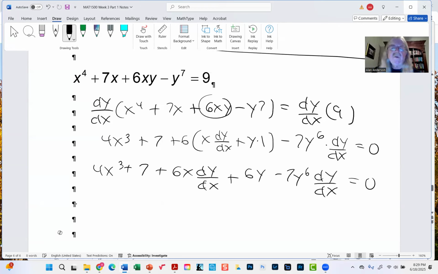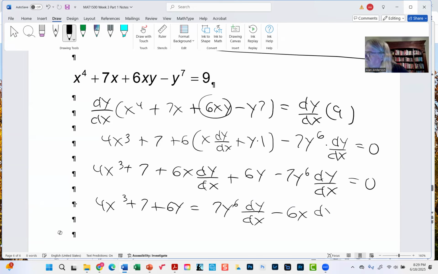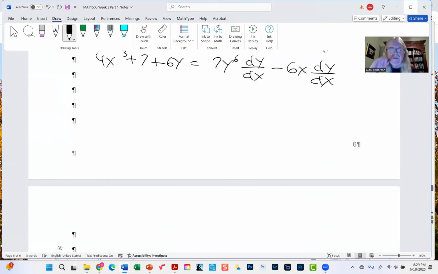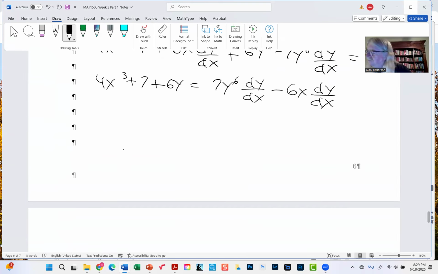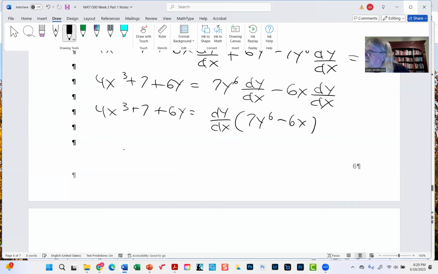And then we can move all the terms that contain a dy/dx to the right-hand side. And then we can factor that out. And then divide.